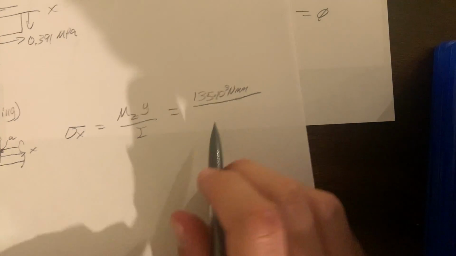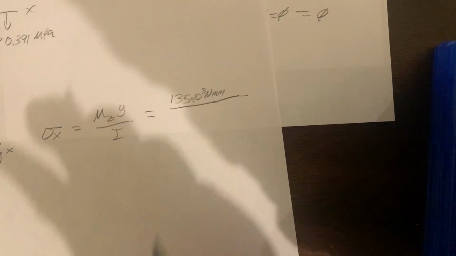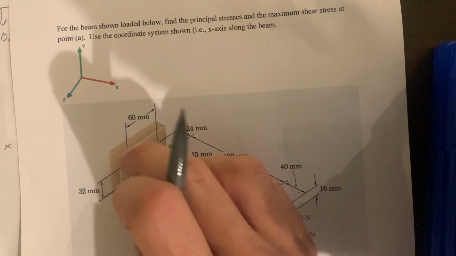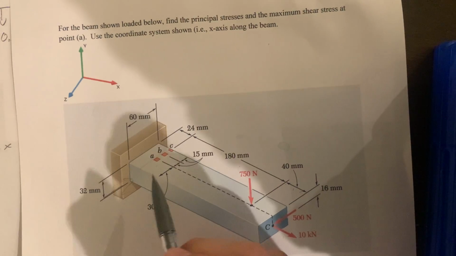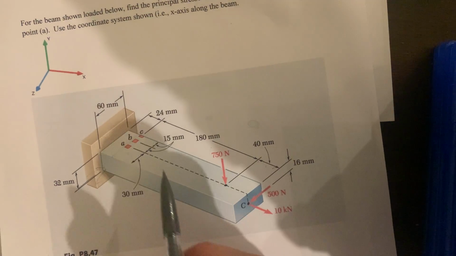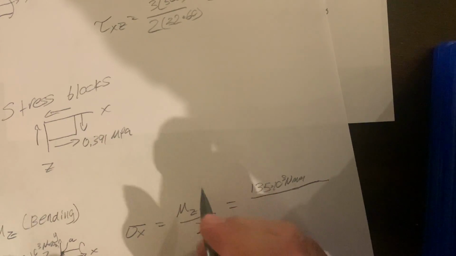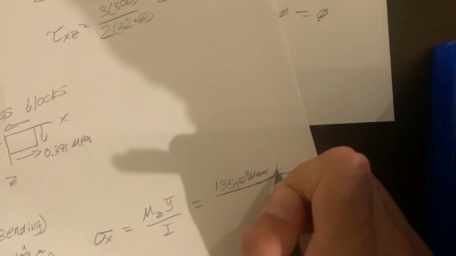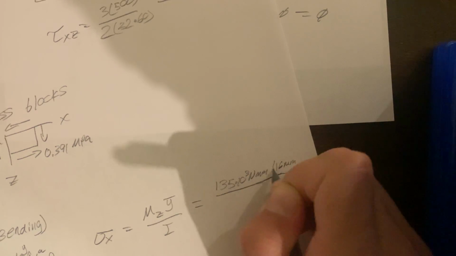And y is actually going to be, so if we're looking at this way towards this plane, the y and x, we know it's 16 millimeters from halfway up. So our y bar is going to be 16 millimeters.